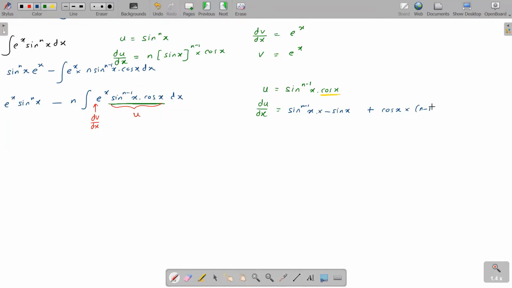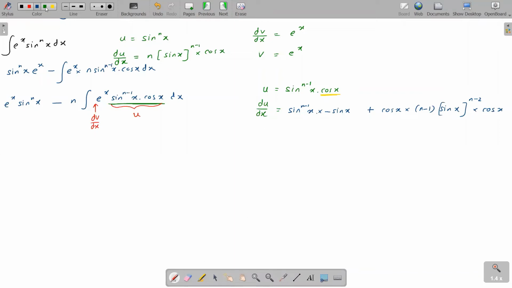The n minus 1 comes to the front, sine x to the power n minus 1 minus 1, so it becomes n minus 2. After you're done with the power, go inside and differentiate sine, which gives cos x. Are you with me? This is using the product rule.